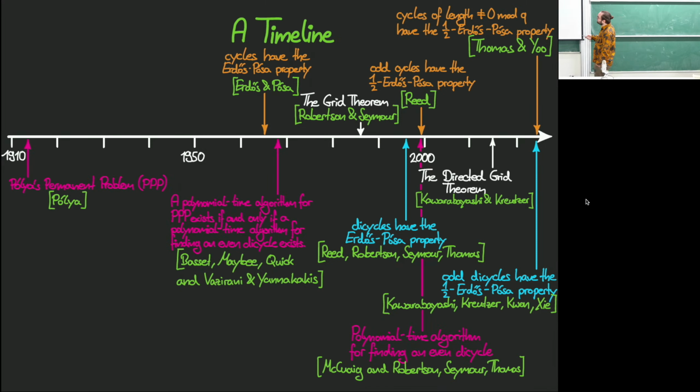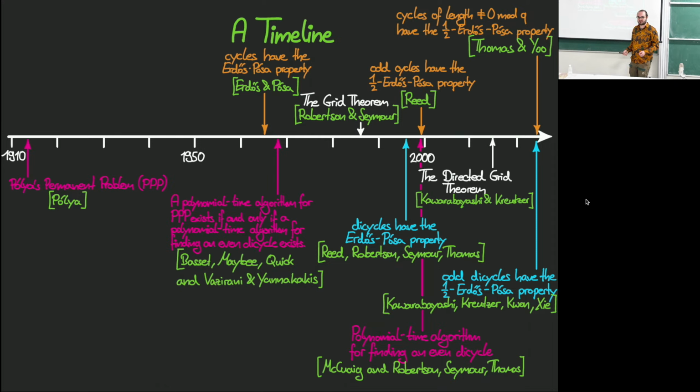And then way later, people found out that in order to find an algorithmic answer to Pólya's permanent problem, one would need an algorithm that decides whether a directed graph has an even cycle, which seems a weird problem to have. This indicates that at this point, no one knew, given a directed graph, how to decide whether there's an even cycle in the graph or not. And this continued.